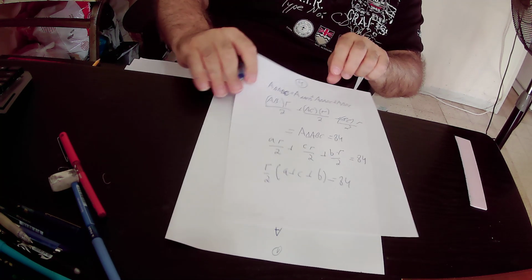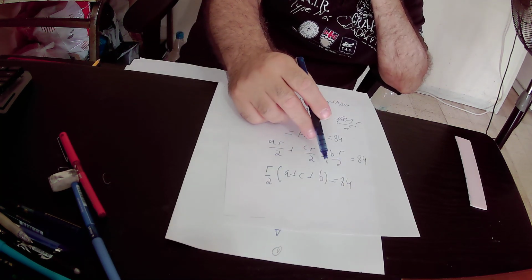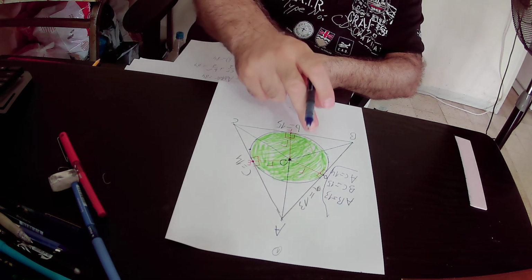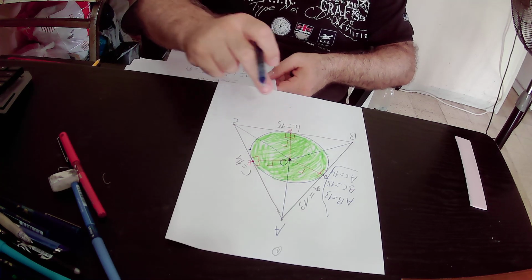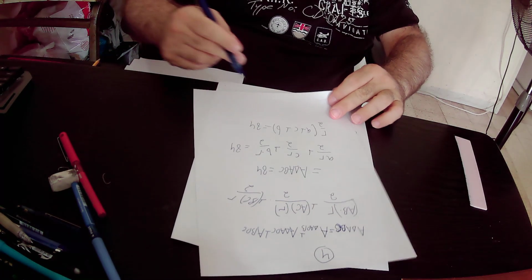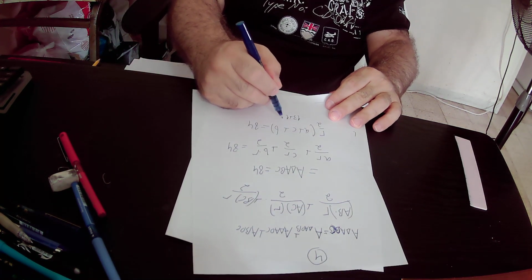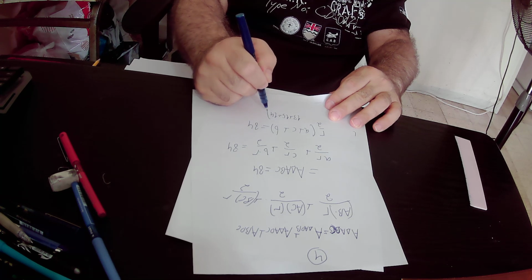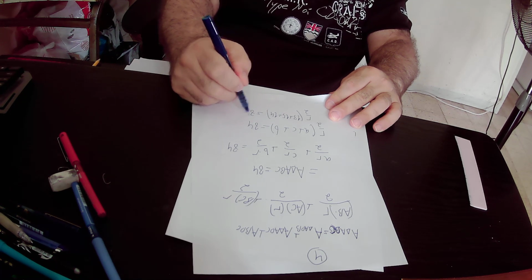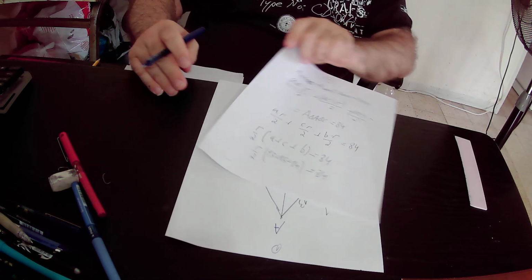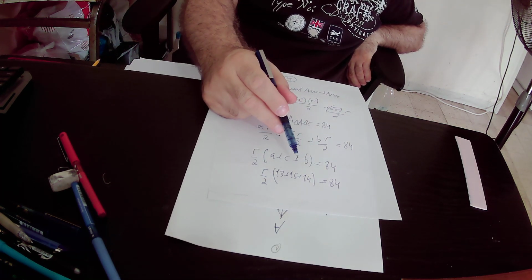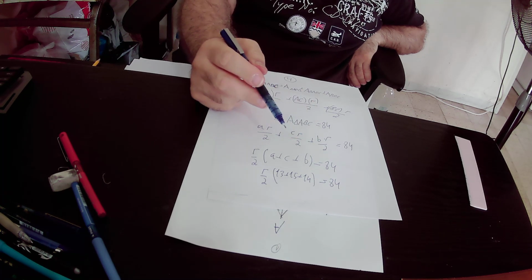We got that R over 2 times A plus C plus B equals 84. We know that A equals 13, B equals 15, and C equals 14. So R over 2 times 13 plus 15 plus 14 equals 84.